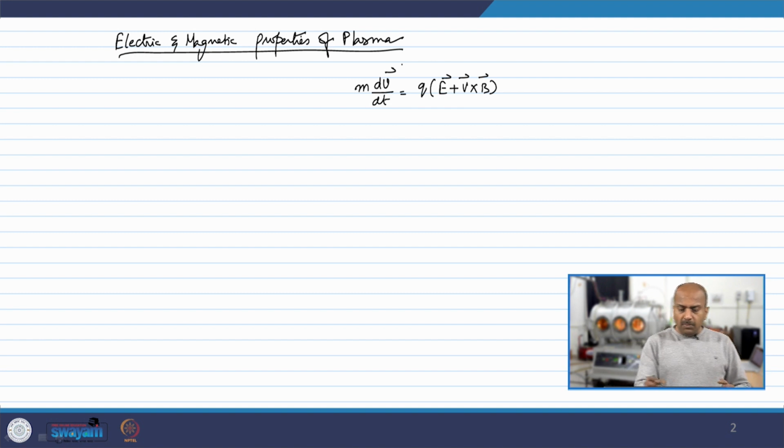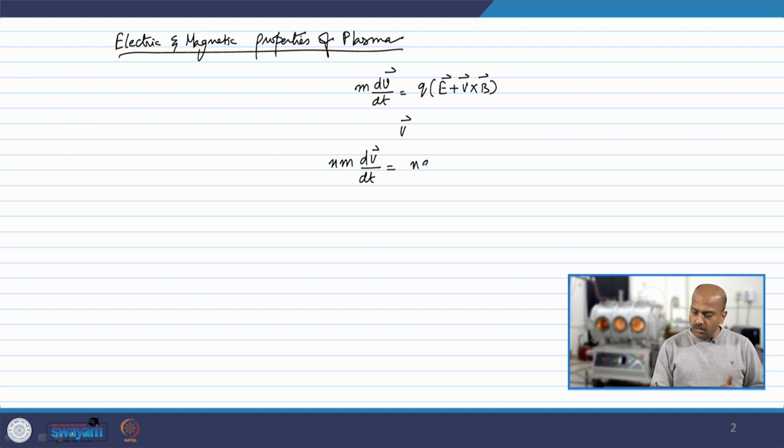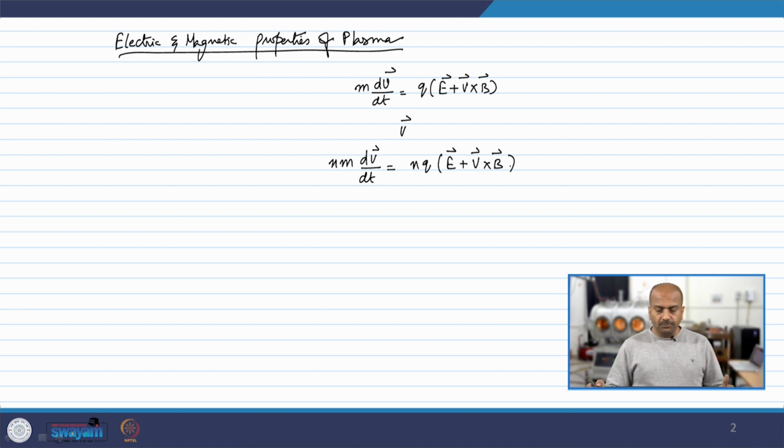Then we can multiply this equation with the number of particles. Suppose the velocity of the particles is v and all of the particles are moving with the same velocity, then we can write this equation as n m dV by dt is equal to n q (E plus V cross B).